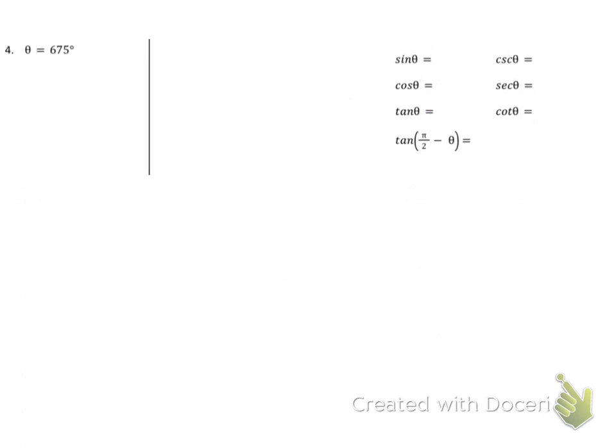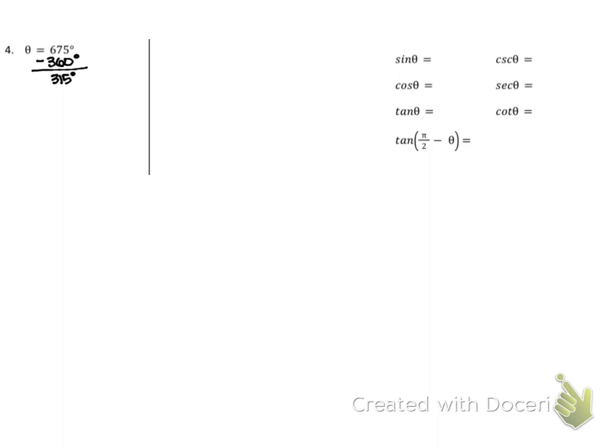Okay, 675 degrees. Don't need to convert. I do see that this is well past a full spin of 360, so I'm just going to cut out a couple of 360s until I figure out where I land. So if I take 360 out of these degrees, if it was radians, I would take out a 2 pi. This is going to give me 315 degrees. Okay, if you're comfortable where 315 degrees is, then go ahead and graph that.